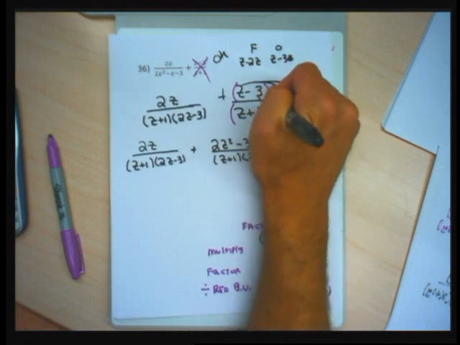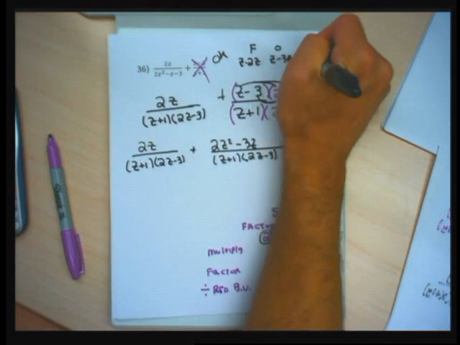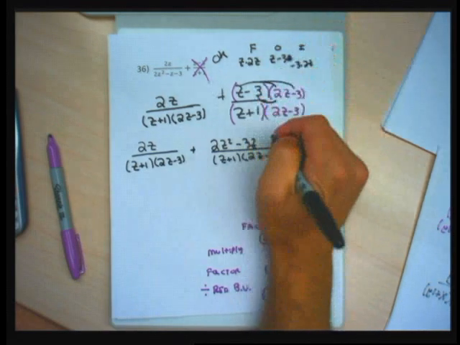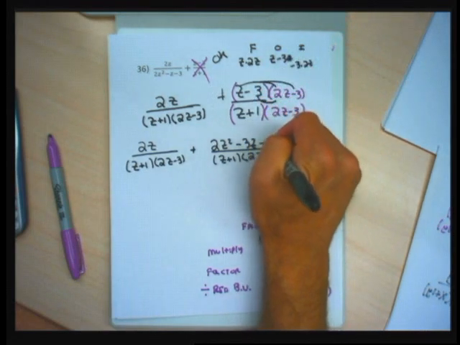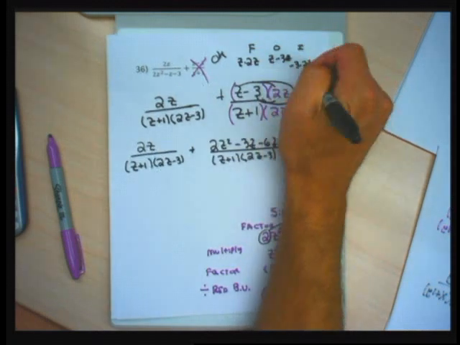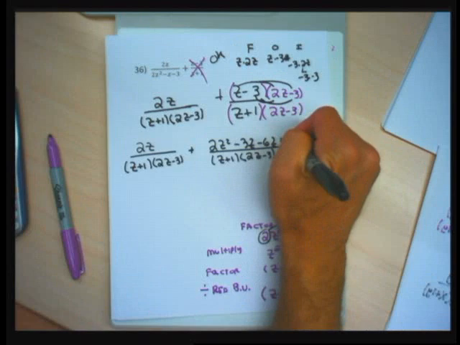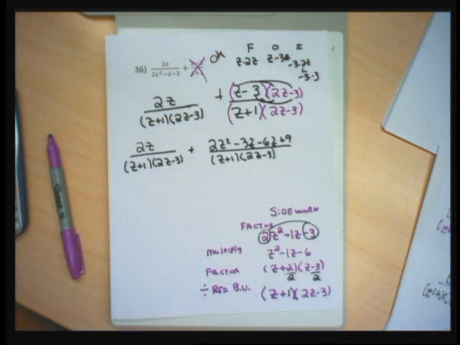Then I'm going to do inners, which are minus 3 times 2z, which are going to be a minus 6z. And then I'm going to do lasts, which are minus 3 times minus 3, which is positive 9. So I have the two fractions written with the same denominator.